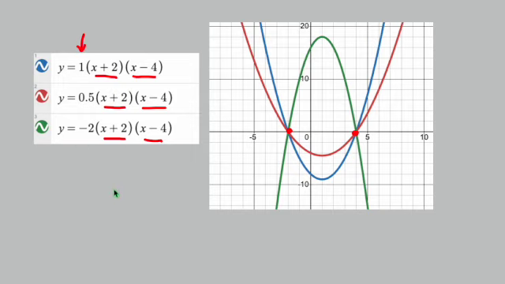That gives us a different parabola that goes through those x-intercepts. So we're going to need a third point that's unique to that particular parabola. For instance, this one has a y-intercept of 16. The red one has a negative 4 as its y-intercept, whereas the blue one has a y-intercept of negative 8. So we could use that unique point to help us figure out the multiplier that will go in front of our two factors.